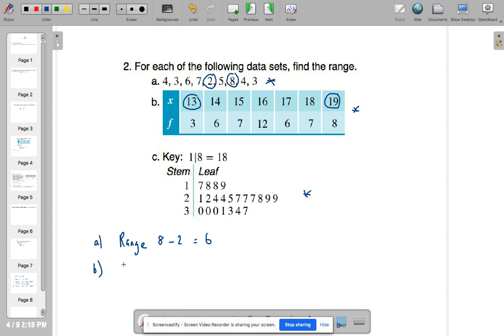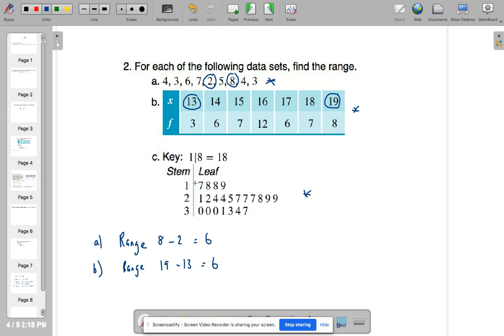So the range here, the highest score was 19, the lowest score was 13, so the range here is also 6. Okay, so if I wrote all that out, I'd have 3 lots of 13, 6 lots of 14. I'd have a big long line of numbers, but the lowest would be 13 and the highest would be 19.